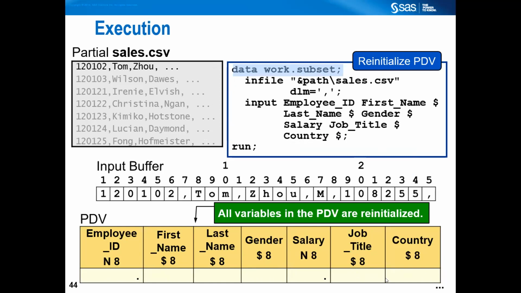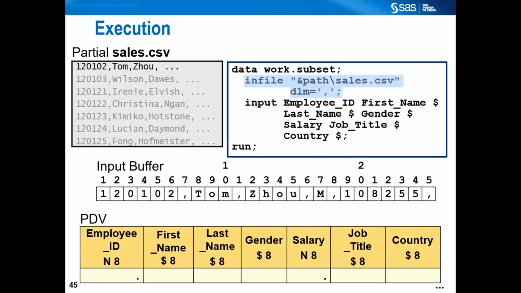Now it has to be free to take in the values. So with infile, it will locate your raw file where it has been located by this path. Now again, this is the previous record in the input buffer. It has not changed when infile is located. This buffer is always loaded with a new record when it hits input.